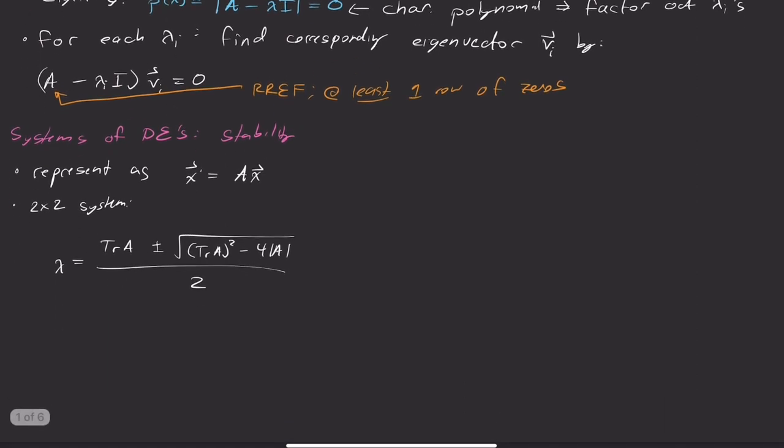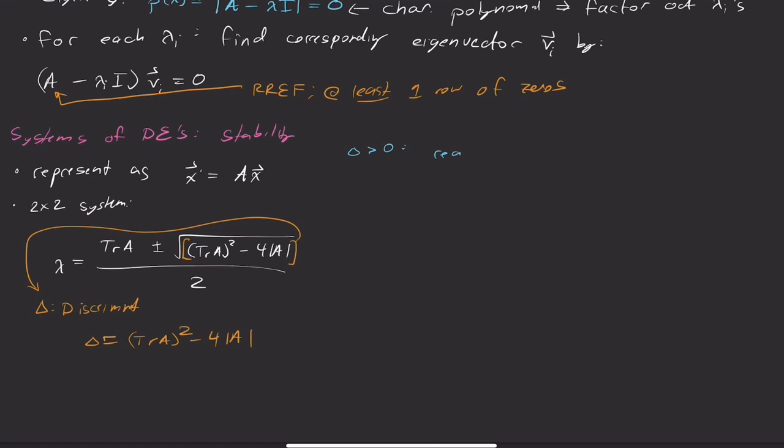Just a little bit of a notation thing. The stuff inside the square root is what we call delta, or the discriminant. So delta is equal to the trace of A squared minus 4 times the determinant of A. There are 3 situations you're going to have to deal with. First, if your discriminant is positive, you'll have real and distinct eigenvalues, lambda 1 and lambda 2.